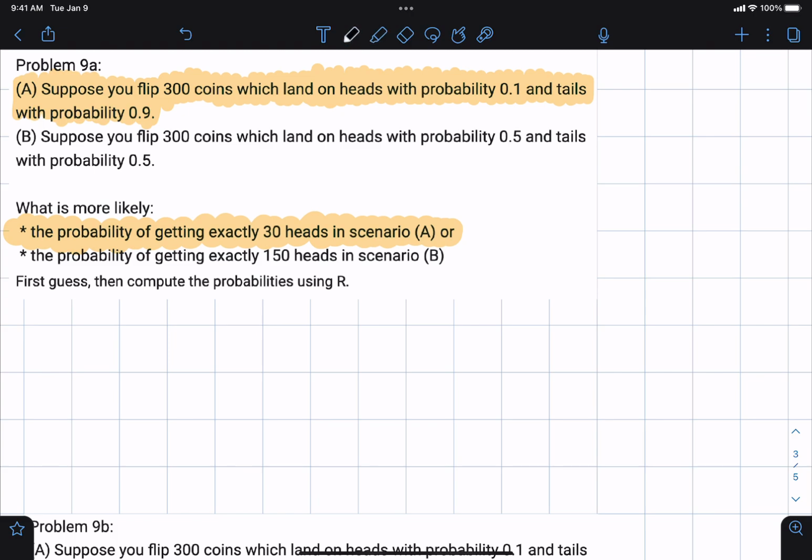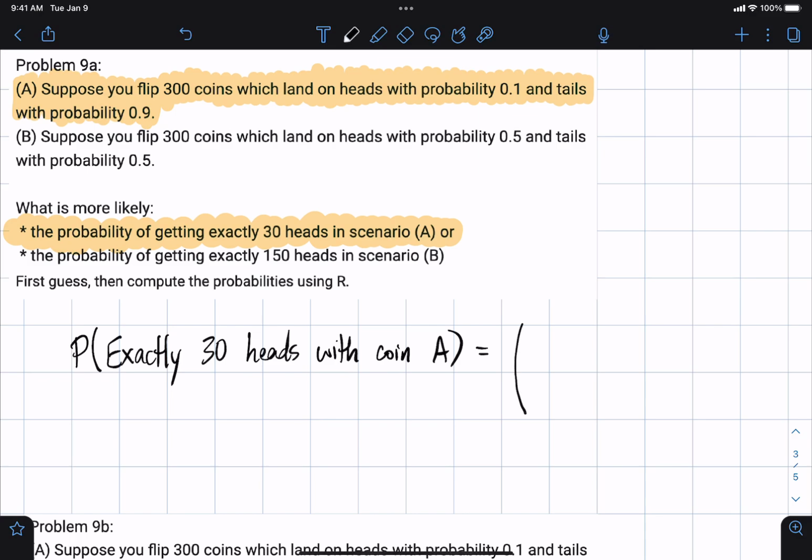Okay, so based on what we talked about at the end of the last problem, we just get to switch things up. The probability that we get exactly 30 heads with coins in A is, well, first off, just the combinatorics.